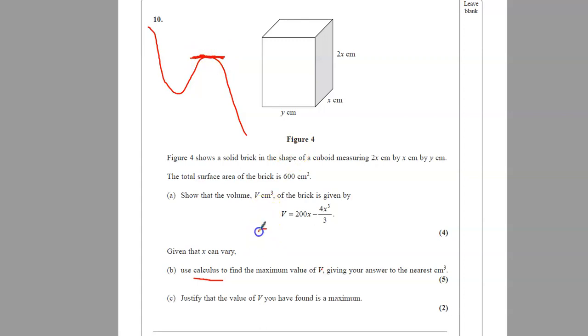So we're just going to do dV by dx and differentiate it, which is going to multiply the front by the power, which just multiplies by 1, reduce the power, that goes away. Multiplying the front by the power is going to cancel the 3's. If we multiply that by 3, it's just minus 4, and reduce the power by 1, so it's squared.